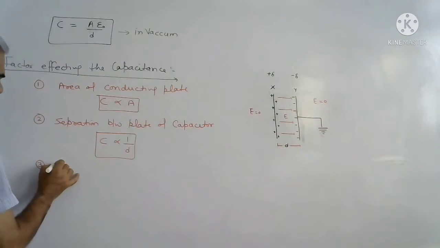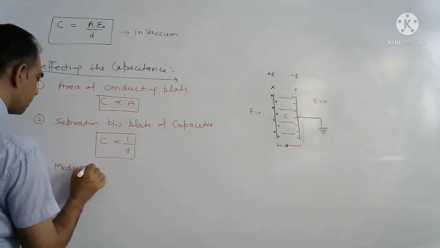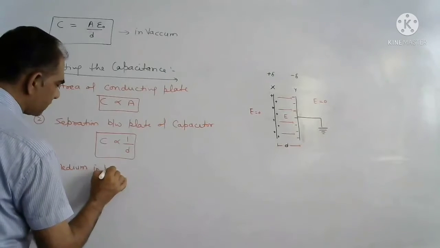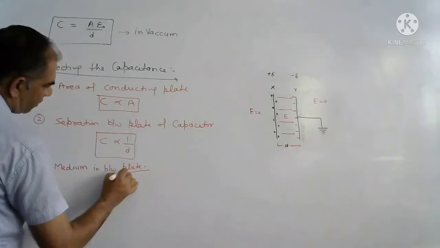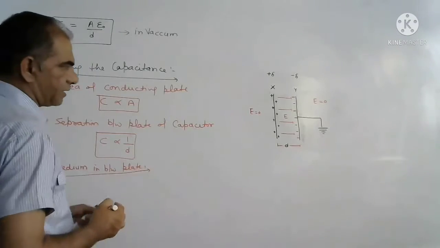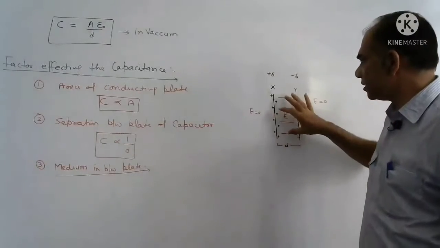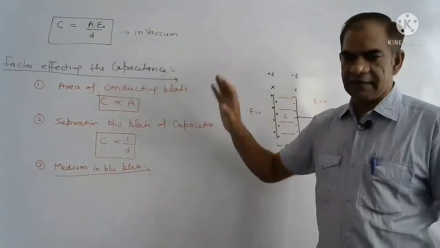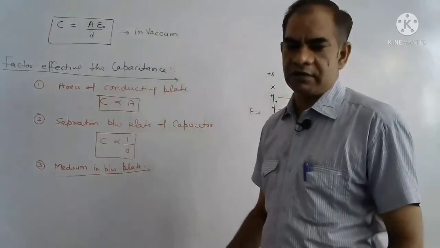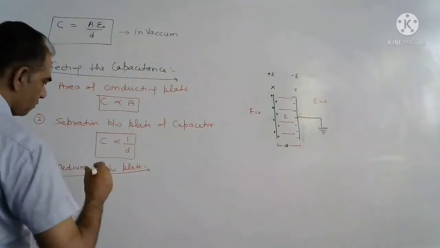Third, medium in between the plates. So the medium also affects it. As we introduce another medium in between these plates, then capacitance is raised. This is affected by the presence of a medium.